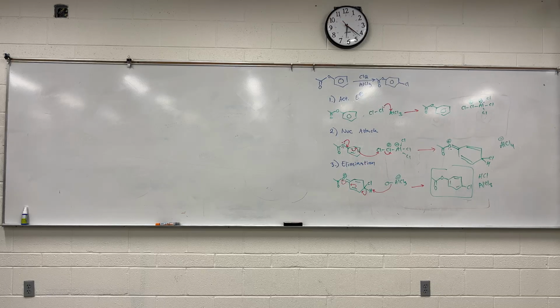Do you want to go through the mechanisms on here, or the mechanisms on the homework? Can we go through the last problem on the homework? Are we going to have to know these for the unit test this week? I'm asking you to know 4 mechanisms: bromination, chlorination, acylation, alkylation.